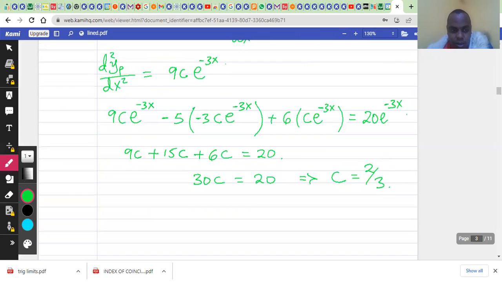And so the particular solution that we were looking for, yp, is going to be 2/3 e to the power of negative 3x.